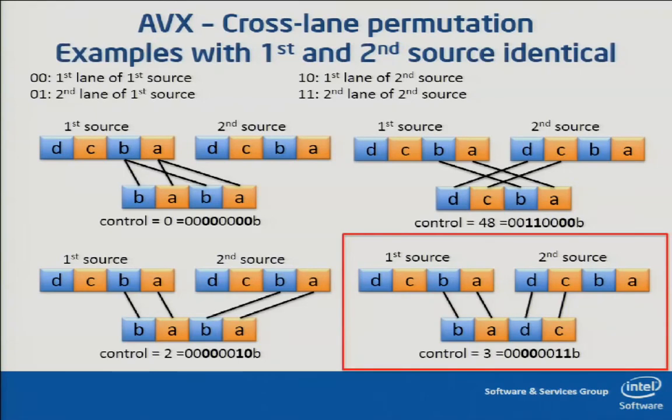There are some examples with identical sources, which is a general use case. And again, you see that this is an interesting bit because A, B, C, D changes to B, A, D, C. And this is what people are often interested in, to flip the two lanes to do the same operation on the other combination of lanes.